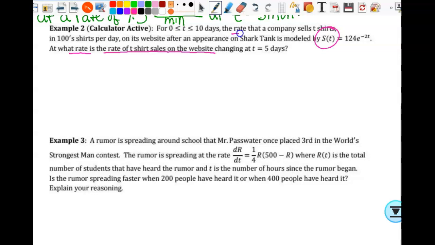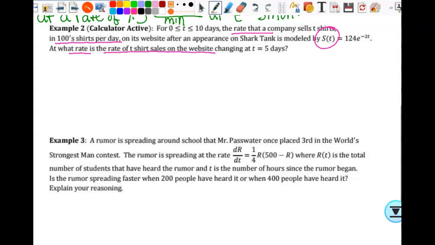The rate that a company sells the shirts in hundreds of shirts per day is this. So are you sure we want S double prime? Isn't S a rate right now? S is not the number of shirts, right? Okay, now there's no prime on that S. I get it. But just like if I gave you velocity, there's no prime on that, but isn't that the first derivative of position, right?